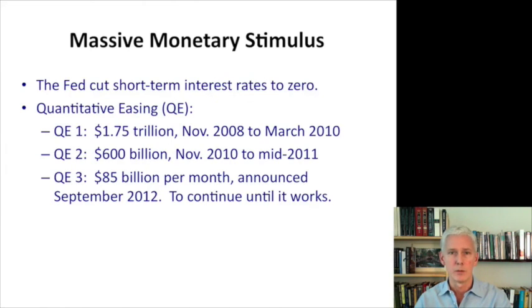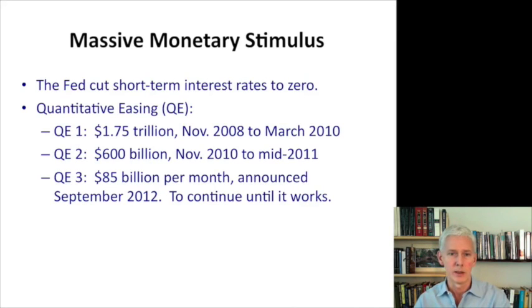Next, there's also been massive monetary stimulus. First, the Fed cut short-term interest rates to 0, and then when its traditional policy tools were exhausted, it launched what has become known as quantitative easing. In the first round of quantitative easing, the Fed created $1.75 trillion.